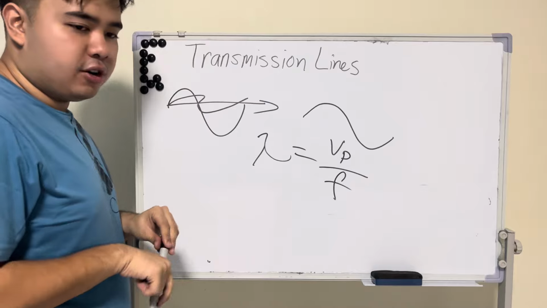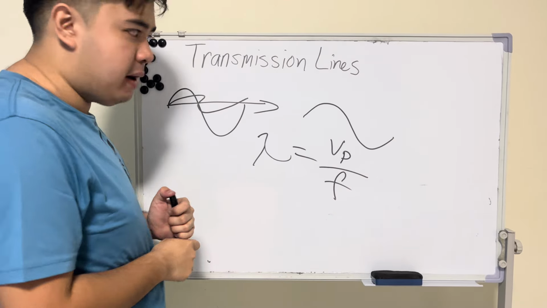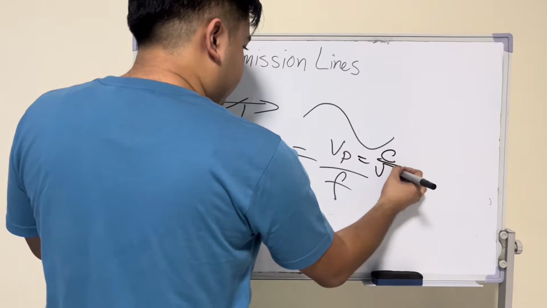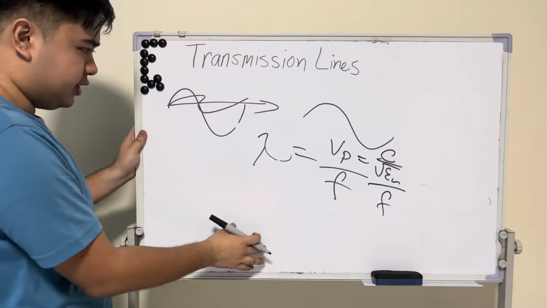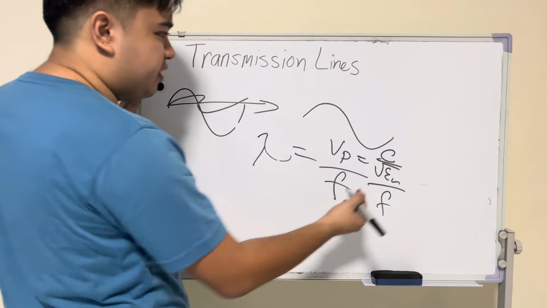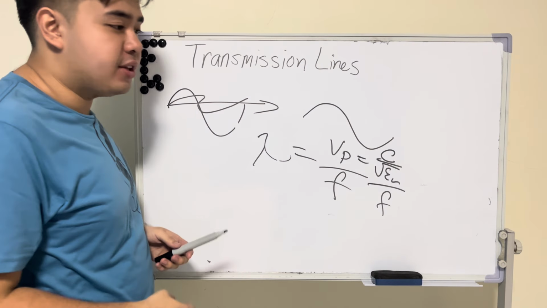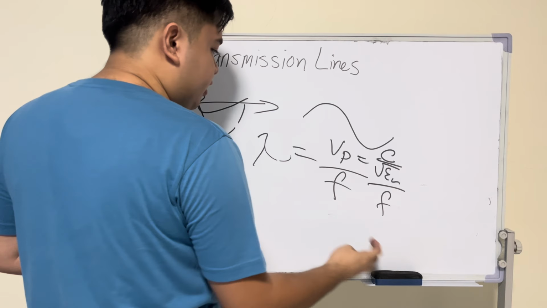For light speed or for vacuum, the velocity of propagation is c. But we know from the previous formula this is c over square root of ER. So now when we want to find the wavelength of light, we have to find its epsilon r, or the permittivity constant. And then we divide by the frequency of that wave.